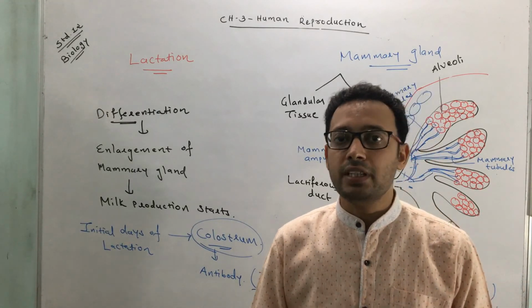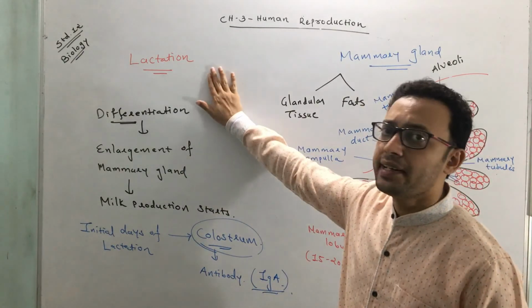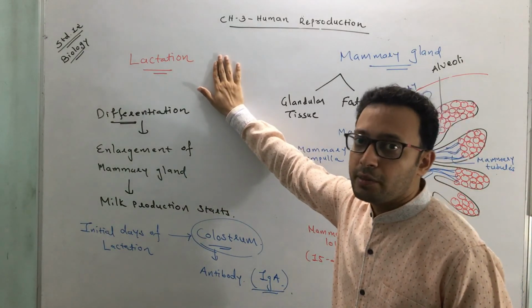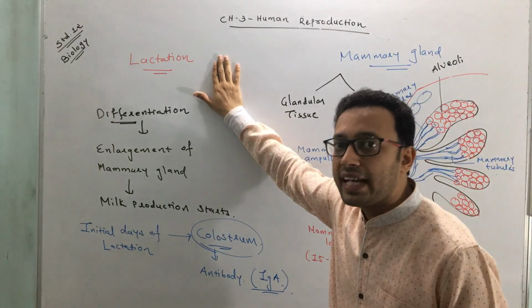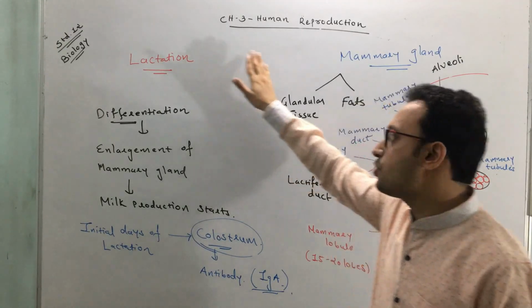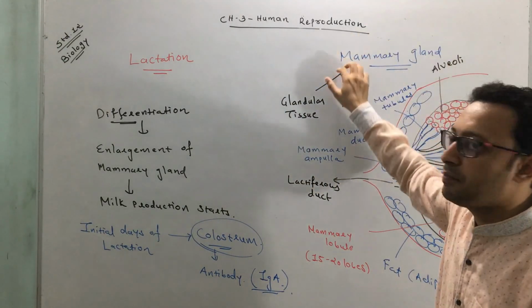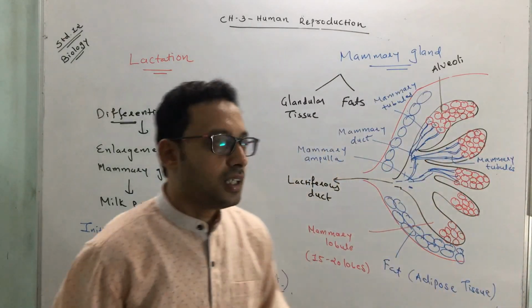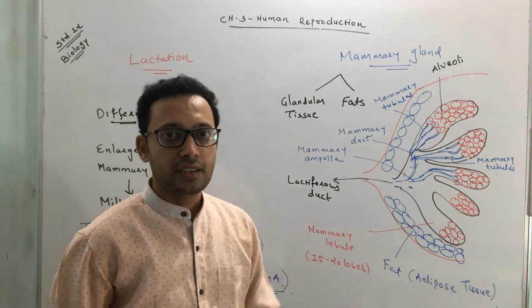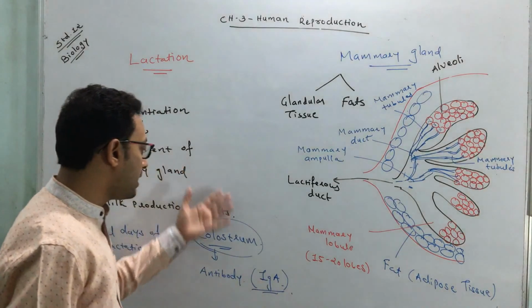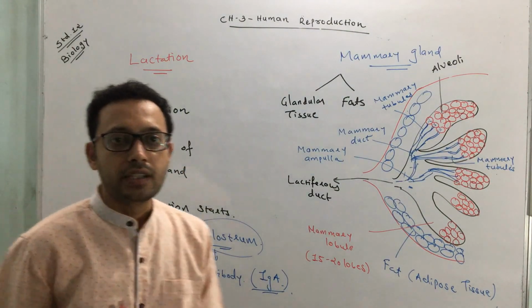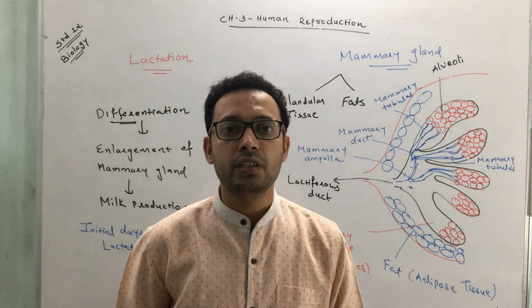Once delivery takes place, the baby needs nourishment, which is provided in the form of lactation. That lactation initiates from the mammary gland. We have also seen the structure of the mammary gland, which is well developed in females only. So here we finish chapter number 3.